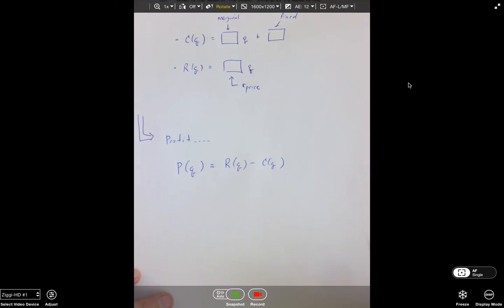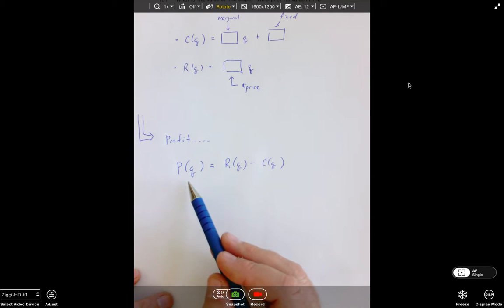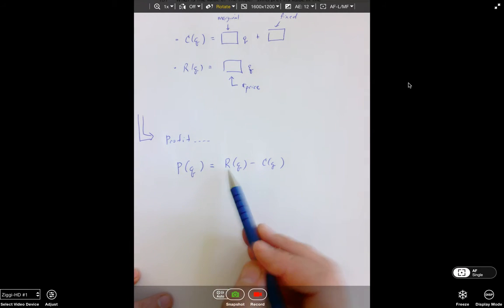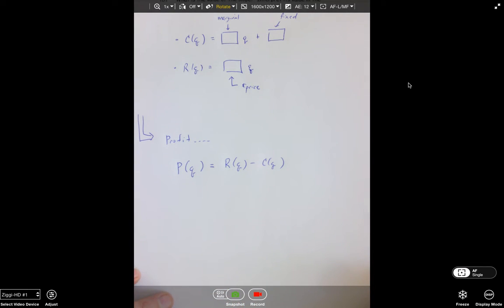Now we saw earlier if our profit is equal to 0, then we have a break-even point. So when this is equal to 0, we can solve for R of Q minus C of Q.